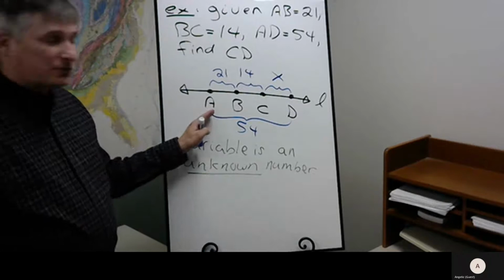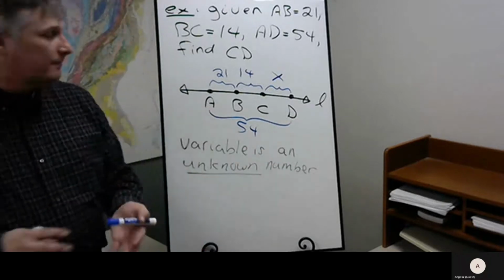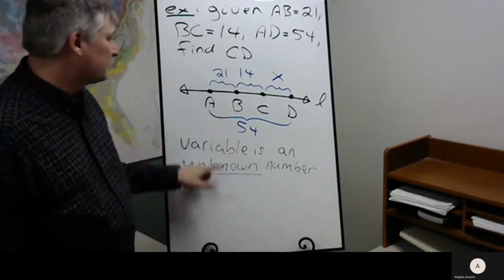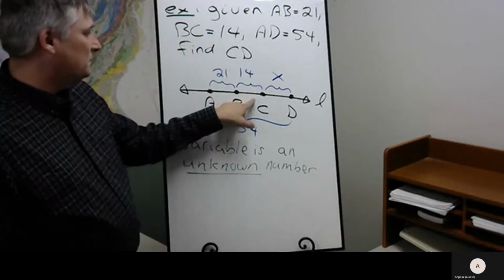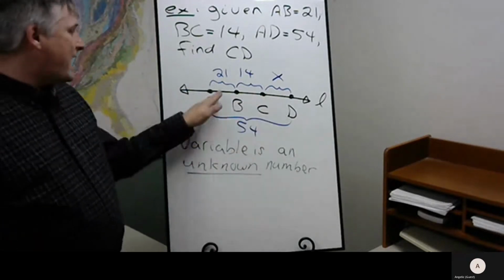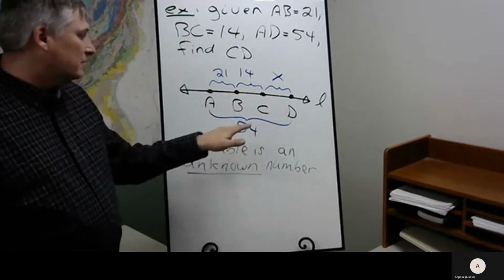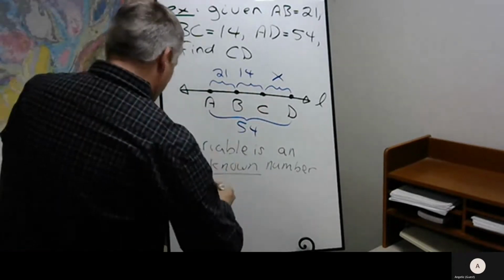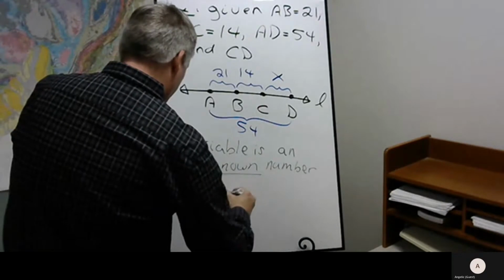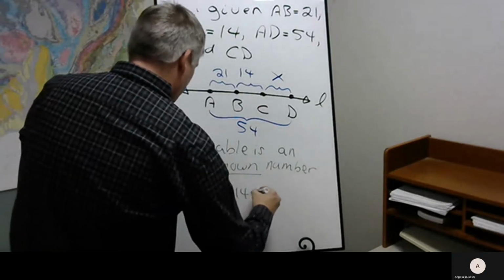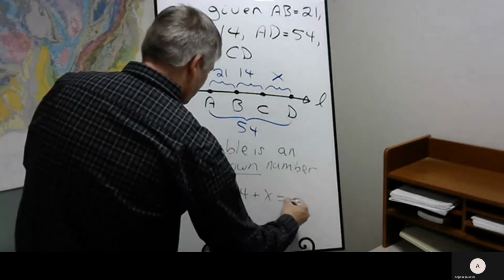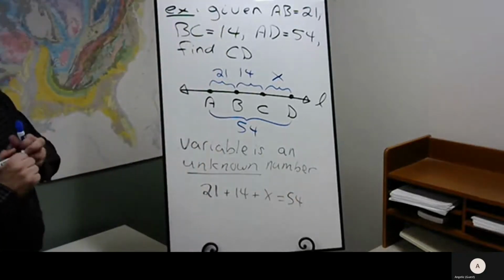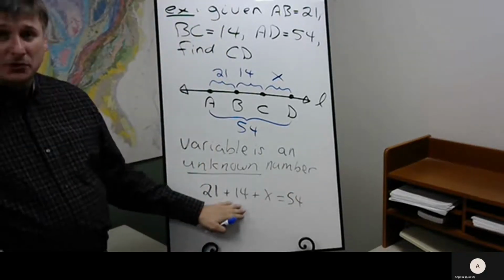So what we have is this. The total distance from A to D is 54. This total distance includes 3 smaller distances. This and this and this. So if we add these 3 together, we're going to get 54. So what we can do, we can add these 2 for sure.